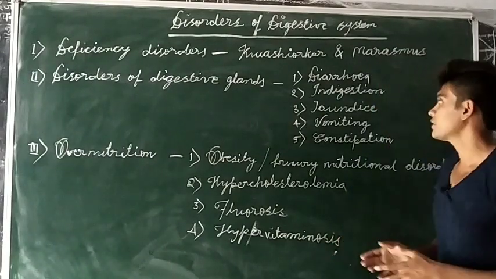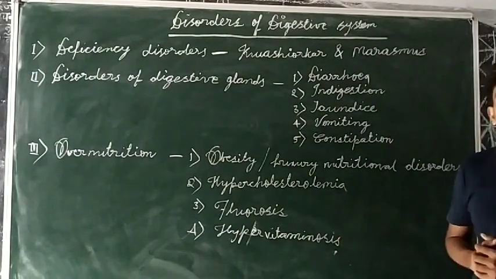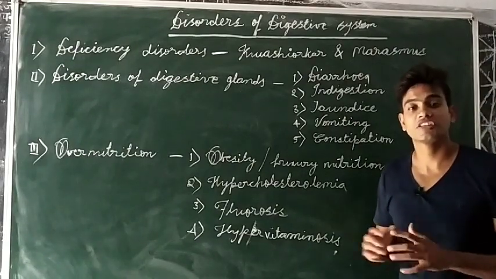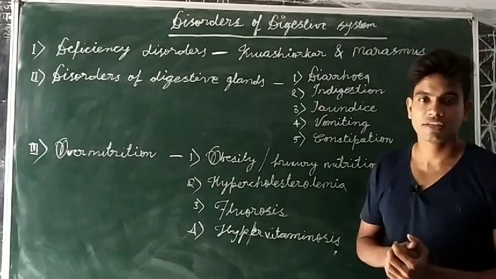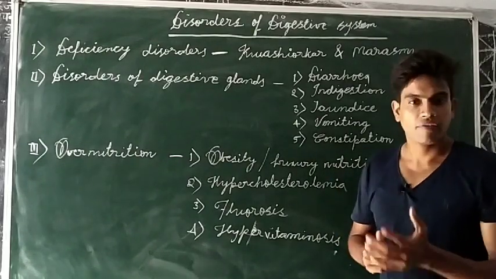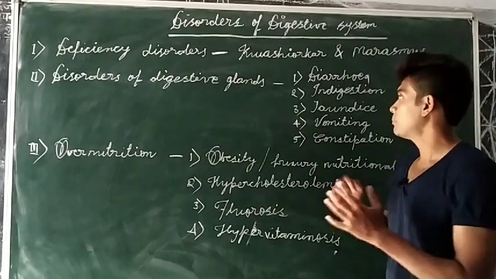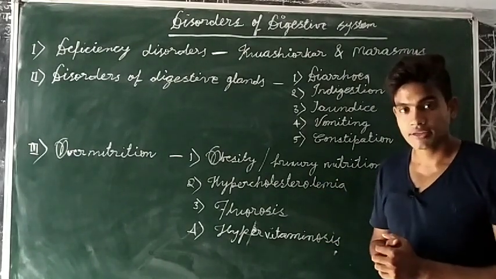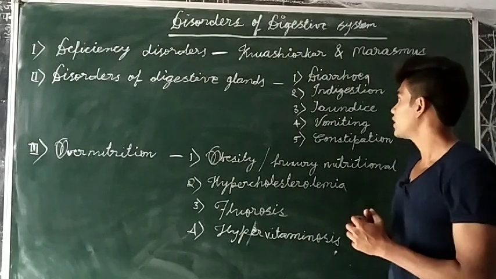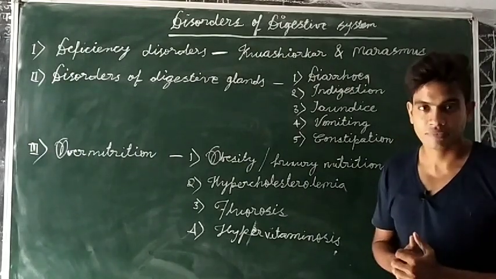It is caused by bacterial and viral infection of the gastrointestinal tract. That means diarrhea can be caused by a bacteria or by a virus. The bacteria which causes diarrhea is Escherichia coli, and the virus which causes diarrhea is rotavirus.